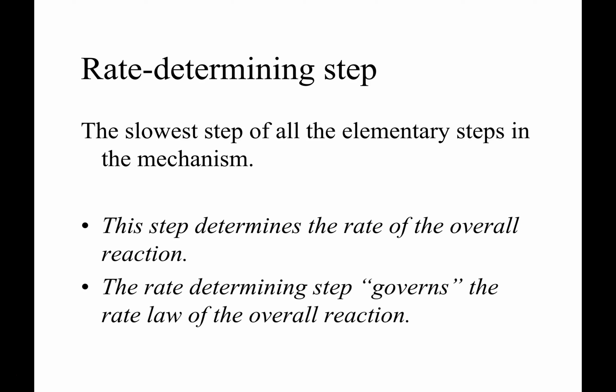So if we have a mechanism like this, I've never done this on the board like this. If we know a mechanism behind the scenes, we have identified the slow one. Does this make sense, that it's this slow one that is going to drive our overall rate?